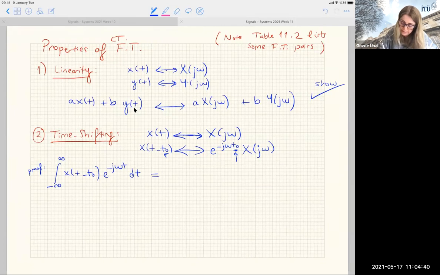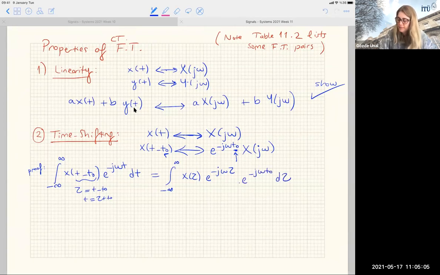Let's say I name t minus t0 as tau. Now d tau is dt, so my integral limits don't change. X of tau e to the minus j omega, and from here, t is tau plus t0. So x of tau e to the minus j omega tau times e to the minus j omega t0 d tau.